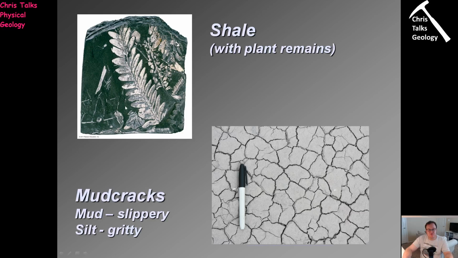That's extremely helpful to us, because if we start finding freshwater fish in our mudstone, well, that would suggest we may be dealing with a lake sediment. If we start finding pieces of plant like this, well, that might suggest we're dealing with some kind of maybe swampy lagoonal environment.